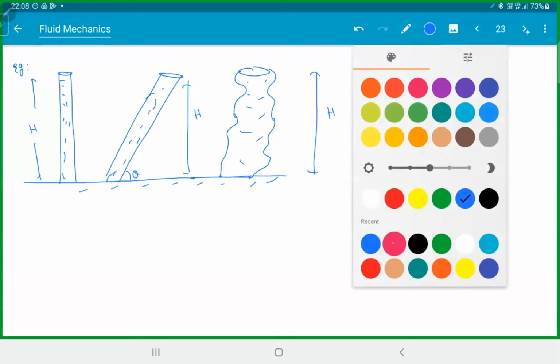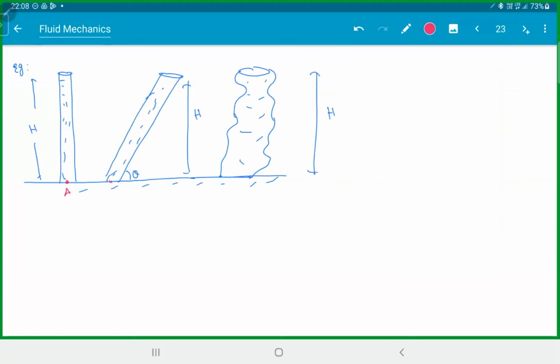And we have 3 points here, A, B, C. Which has more pressure? Who has more pressure? Anyone? Same, right? Why? Think about it.